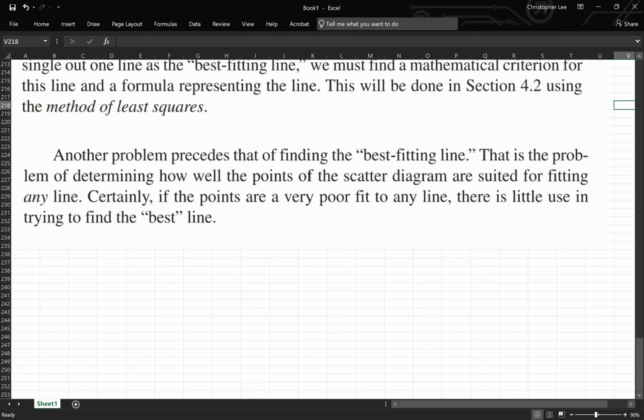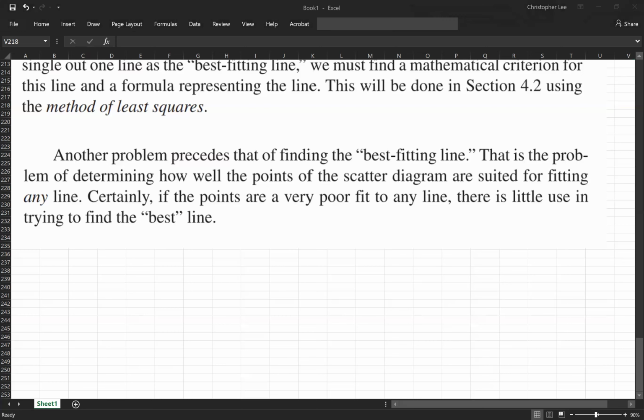It matters. I want to see how closely related two sets of data are, you know?